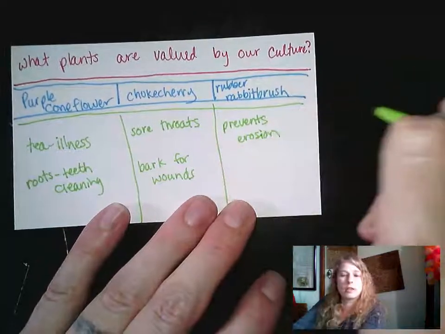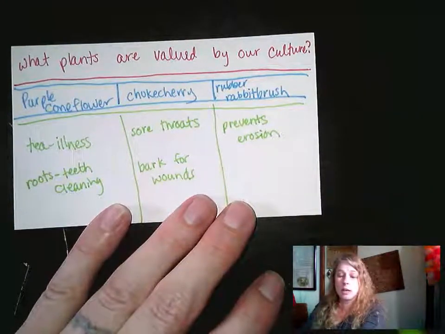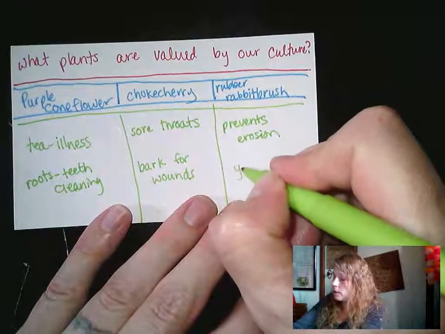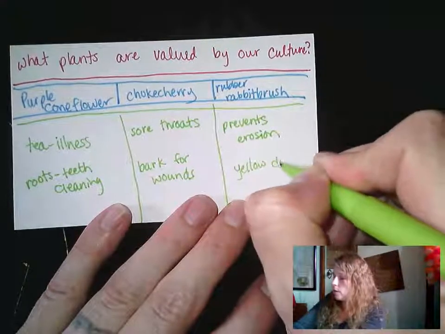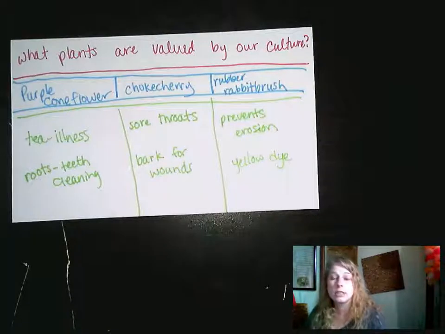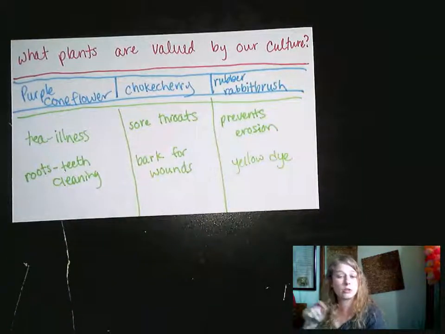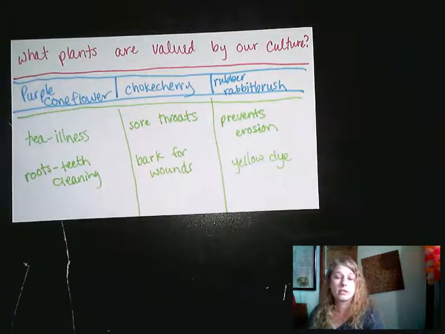So we get a different aspect of management if we think about a plant being used for management of the landscape. And then it was also used in yellow dye. So I'm going to write those down as my ideas. Keeping in mind, I'm writing as short as I can, and I'm listening to the elder speak as much as I can. And then when they are finished, these are all the notes that I have. I've just written down a spastic word here or there as they're talking.